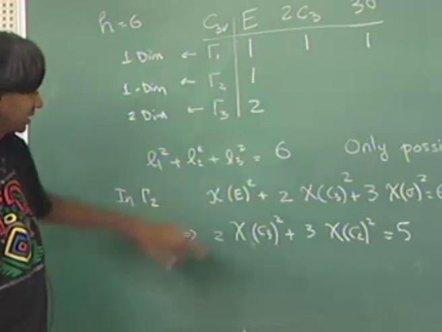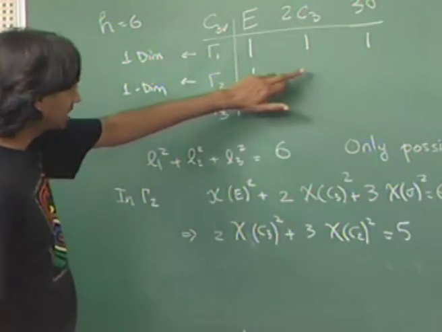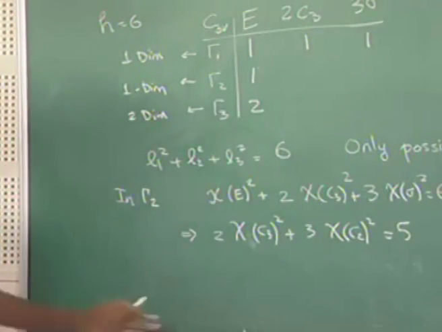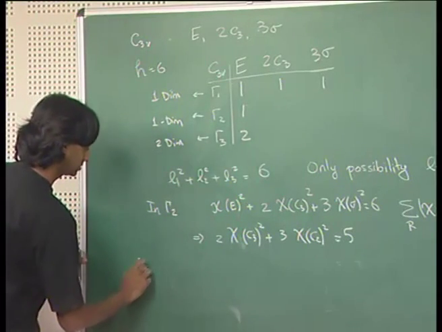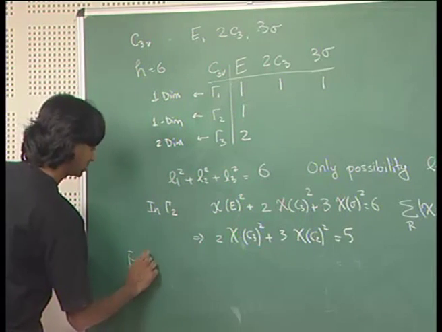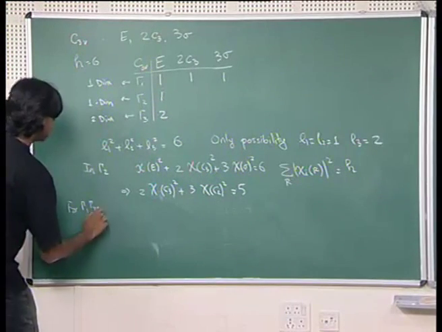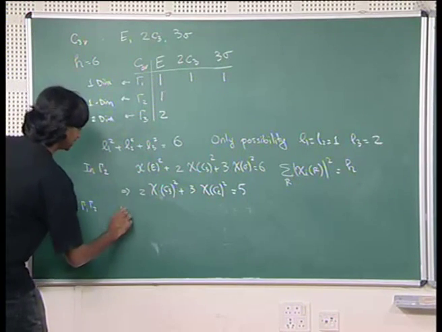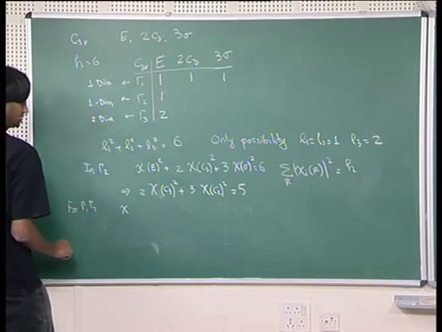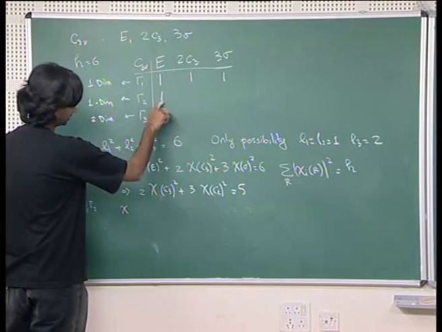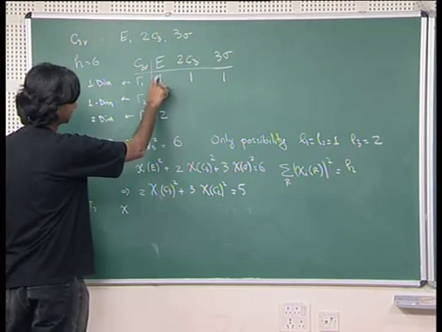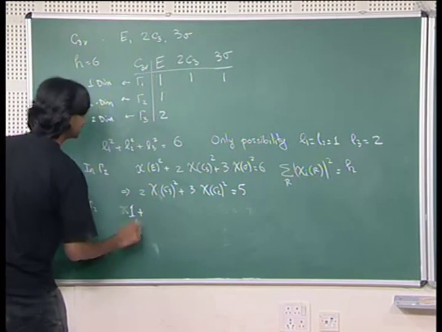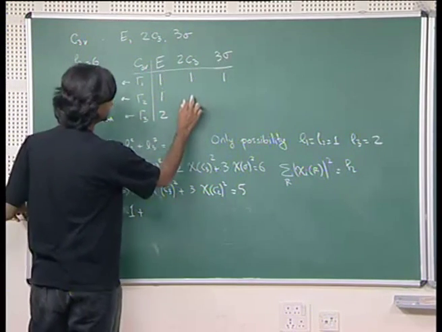And moreover you have the property that this should be orthogonal to this. So, for gamma 1 and gamma 2 we have chi, the character of identity in this multiplied by the character of identity in this. So, that is 1, plus the character of C 3 in this.